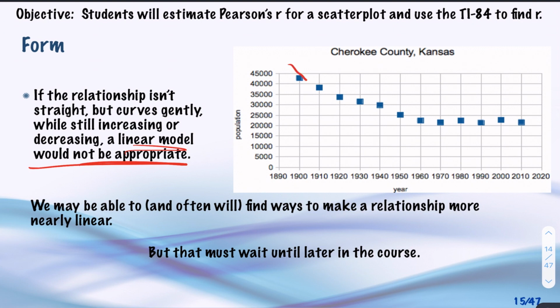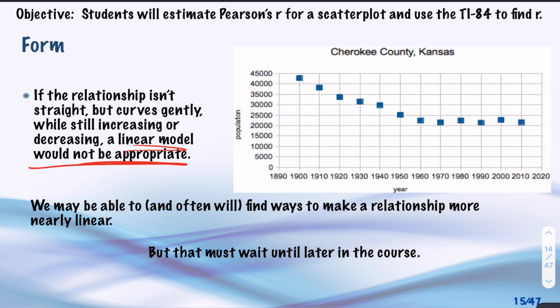So in this case, we see that this is starting to slow down, and if we were trying to fit a line on here, it wouldn't do a good job of describing our data values, or a linear association, depending on how we drew that line, wouldn't be appropriate. So we may be able to, and often will, find ways to make this relationship more nearly linear.